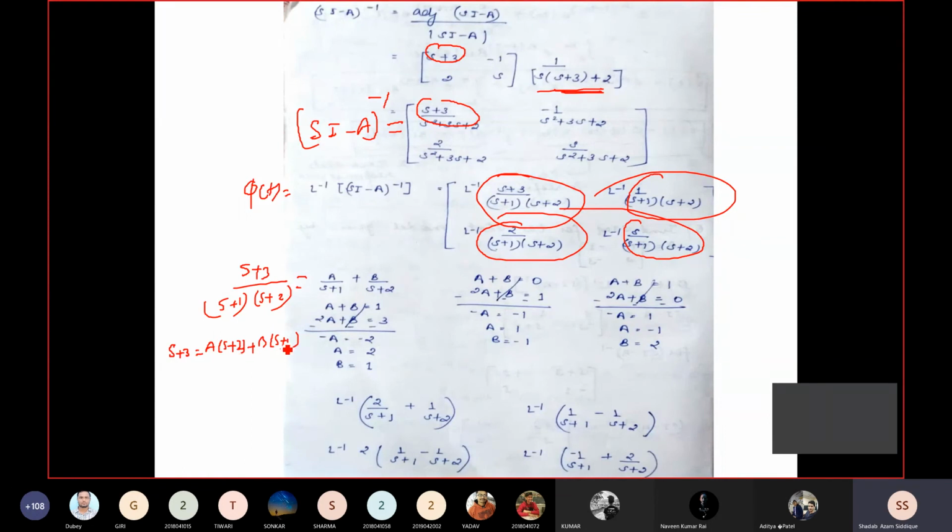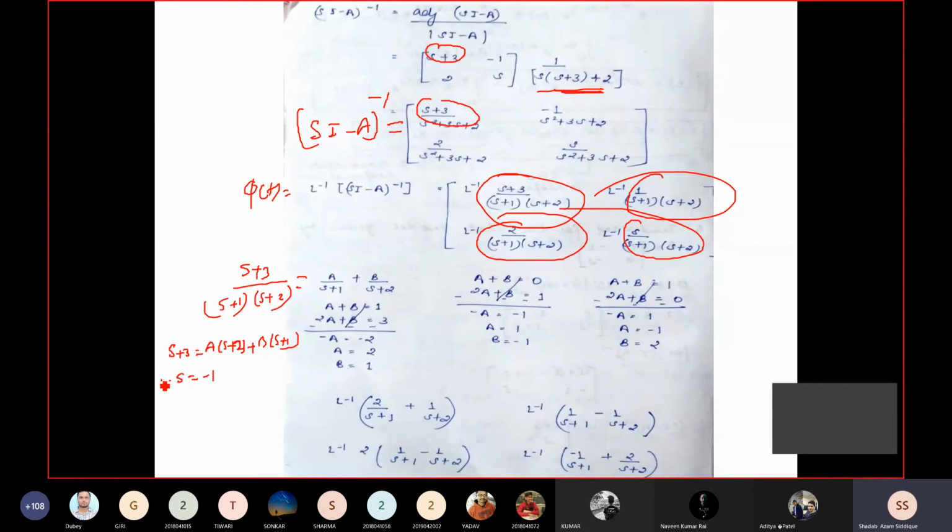So B term with s as minus 1 becomes 0. To have the value, I'll write s equal to minus 1. So what will happen?